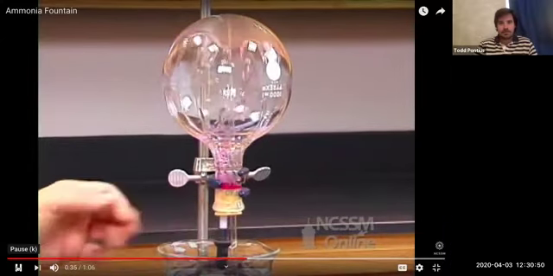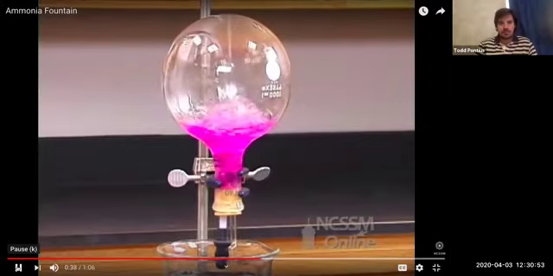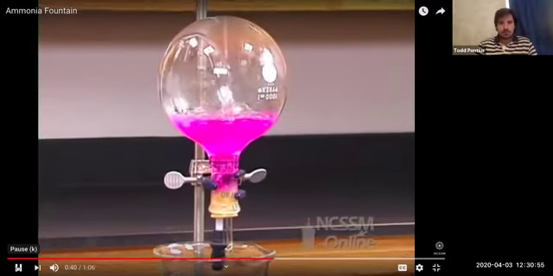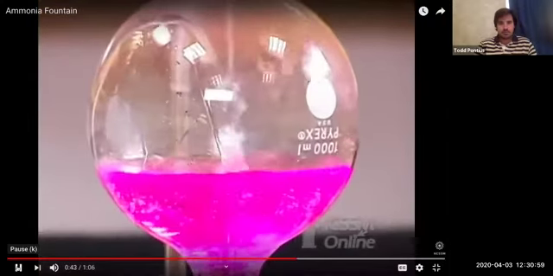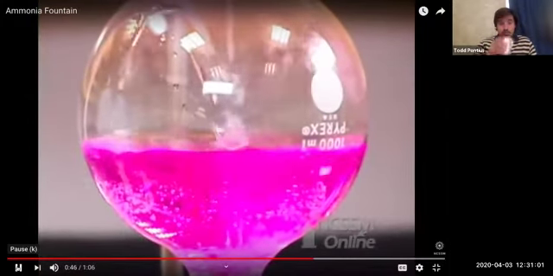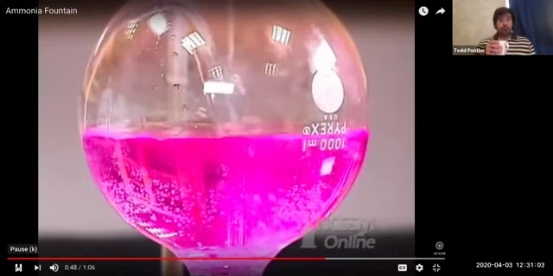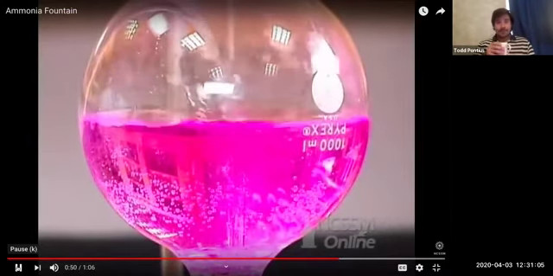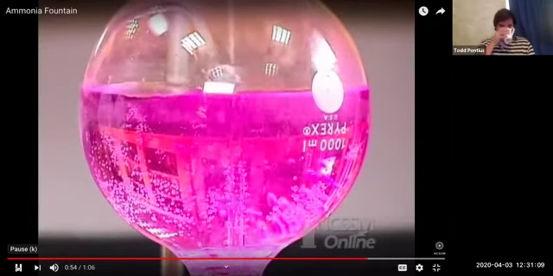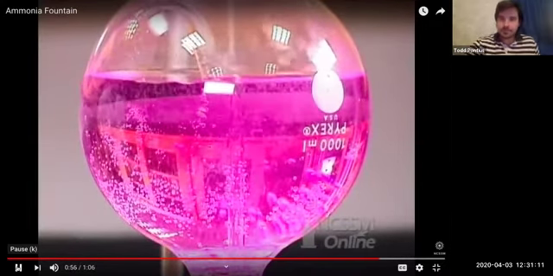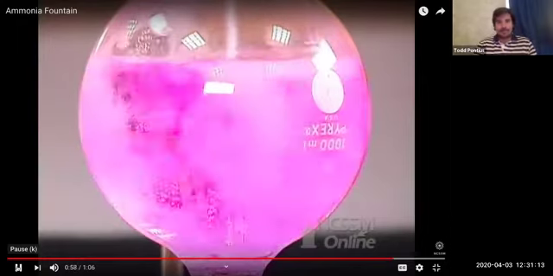The ammonia gas is very soluble in the water and very rapidly dissolves in the water, creating a low pressure situation inside the flask. Atmospheric pressure will force the water up into the flask. We get a fountain. Woo. The solution is pink because ammonia dissolved in water is basic and turns the acid-base indicator pink.